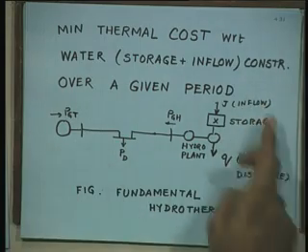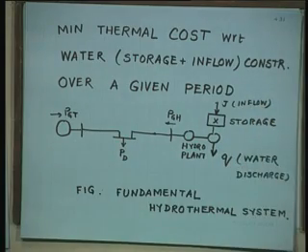Here is the simplest possible hydrothermal system drawn. Why simplest possible? It has to have at least one hydro station, one thermal station to justify calling it a hydrothermal system. That is why it is called a fundamental hydrothermal system, because you cannot go below this.